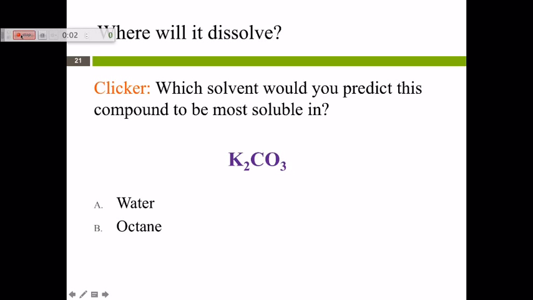Does it dissolve? Which of these two solvents is going to be better to dissolve this compound? I'd better see you doing something I'm telling you need to do.